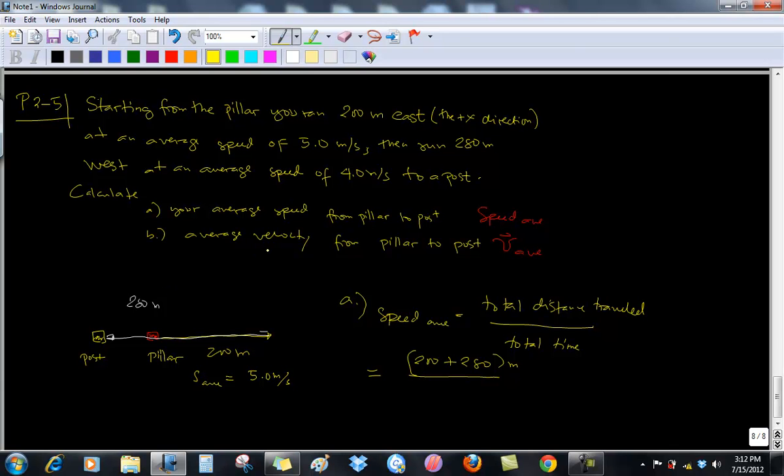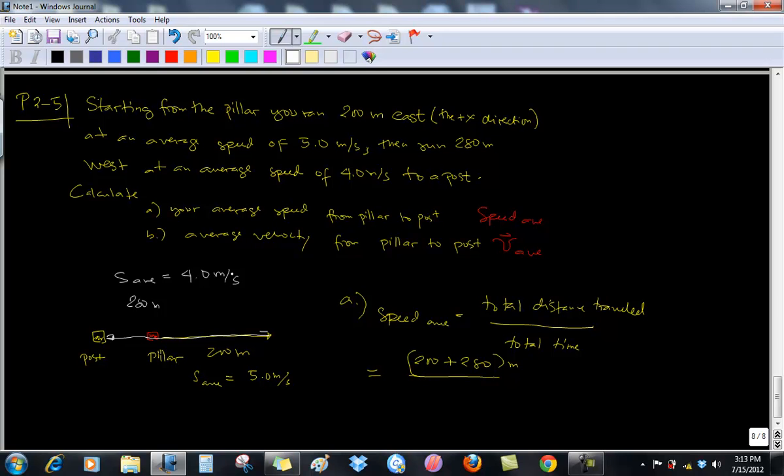For the return run of 280 meters, your average speed is 4.0 meters per second.